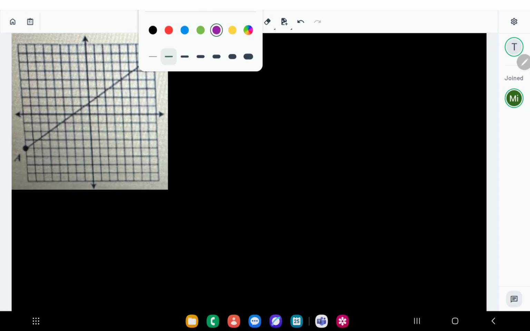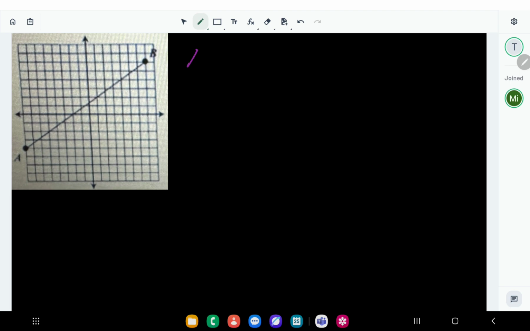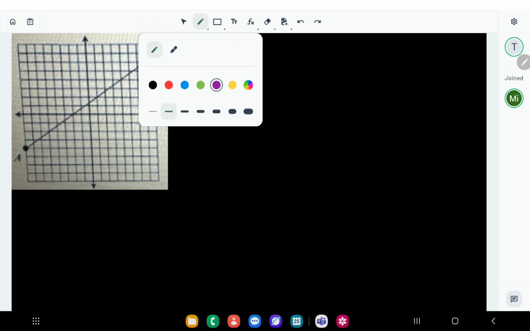So we're given here point A. What is the coordinate of point A? You count, that is 1, 2, 3, 4, 5, 6, 7, 8. And negative 8. Then, okay, negative 4. How about point B? 1, 2, 3, 4, 5, 6, 7.